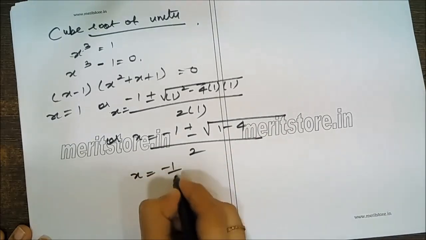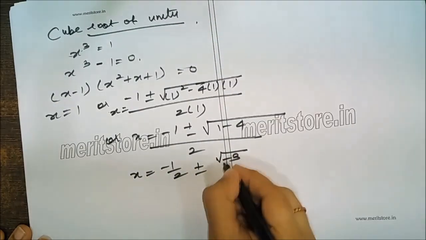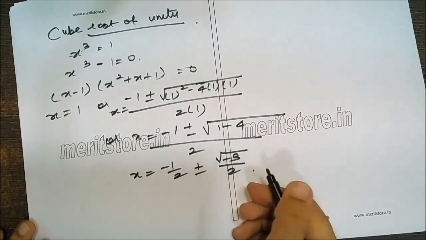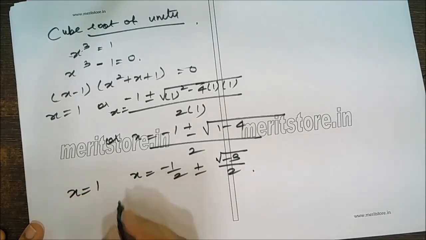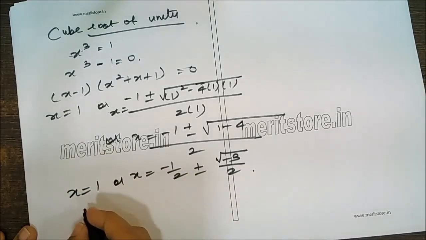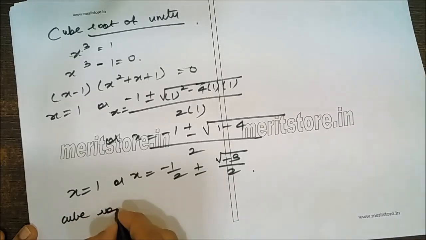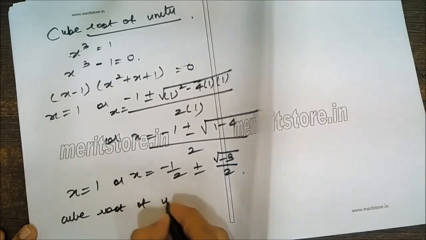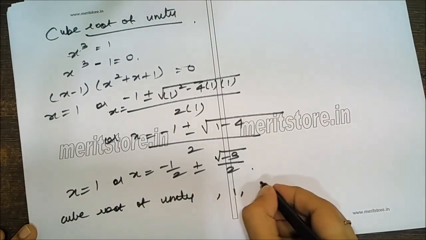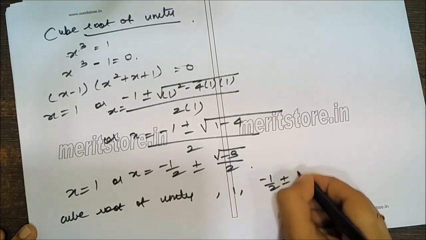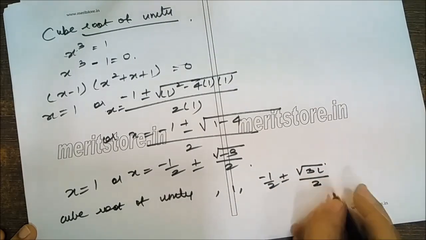So x is minus 1 upon 2 plus or minus root 3 i upon 2, or x is 1. So the cube roots of unity are 1, minus 1 upon 2 plus or minus root 3 i upon 2.